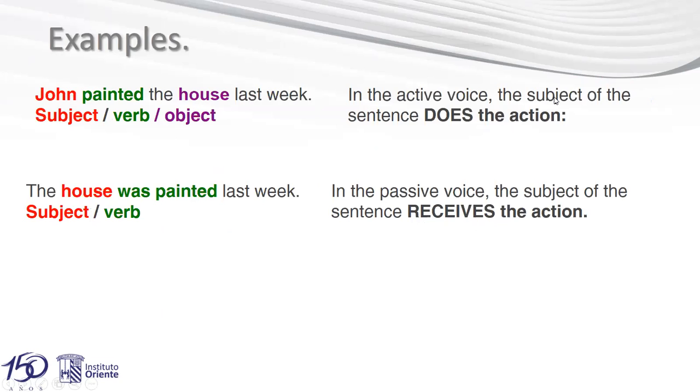In the active voice, the subject of the sentence does the action. In this case, it is John. John is the subject. And this is the action. The subject in this case is John and the action is paint.